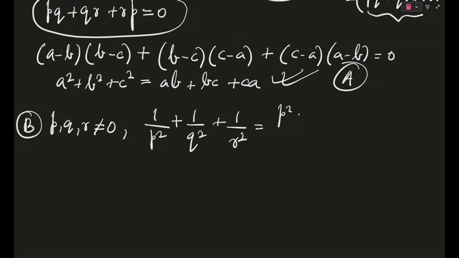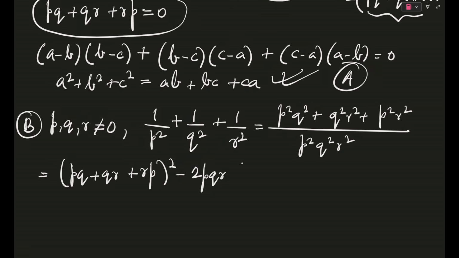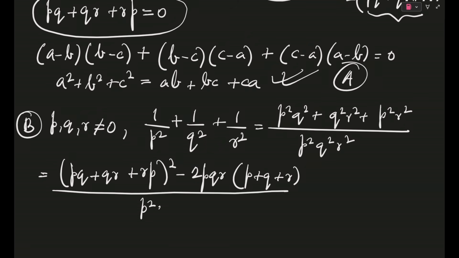So this will be p square q square plus q square r square plus p square r square whole divided by p square q square r square. So this thing would become pq plus qr plus rp whole square minus 2pqr times p plus q plus r, and also this whole thing divided by p square q square r square.